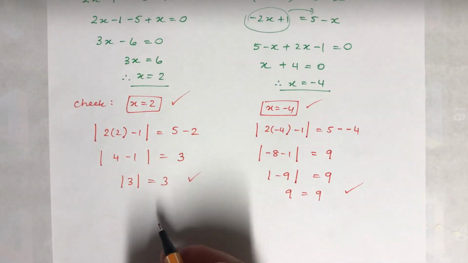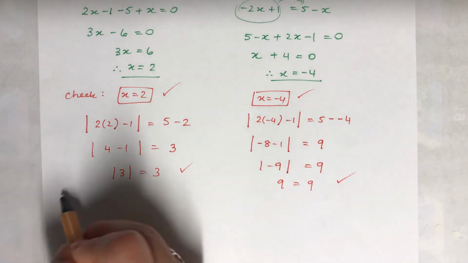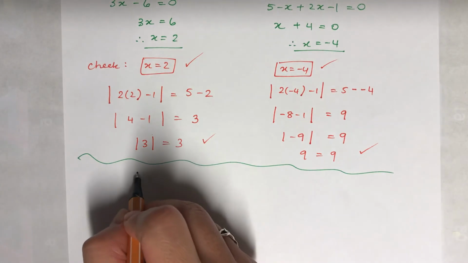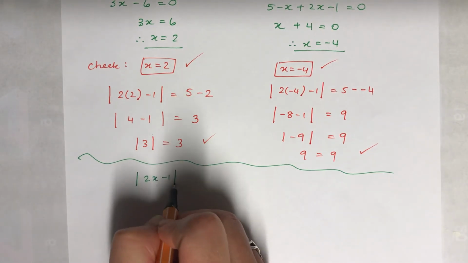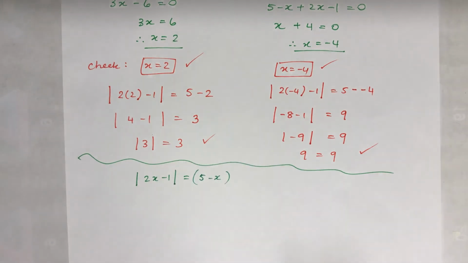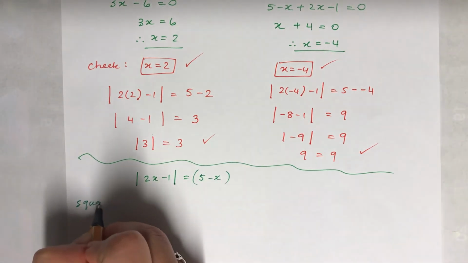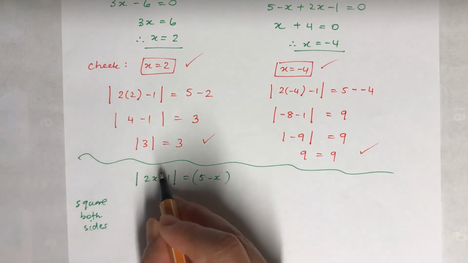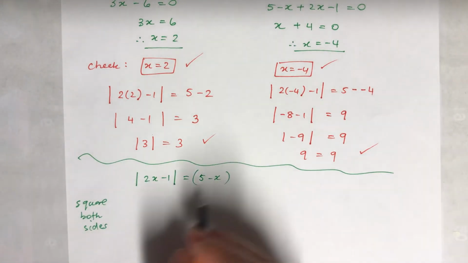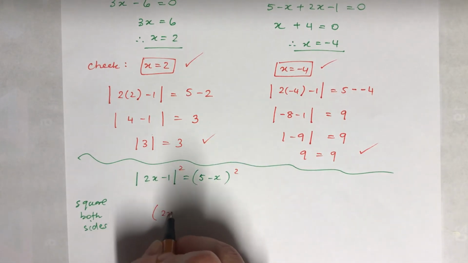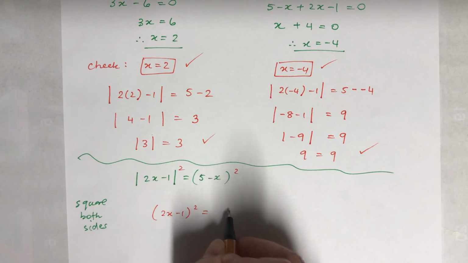Now, before we move on, there's another way of doing this. I'm just going to quickly show you. From here, I'm going to square both sides. When I square both sides, that will become 2x, same as this.